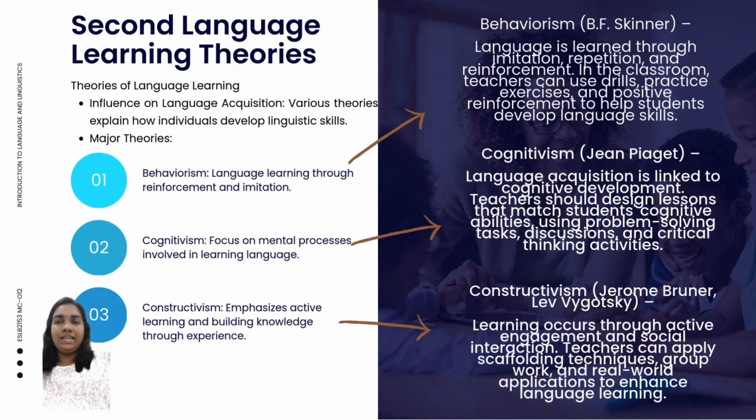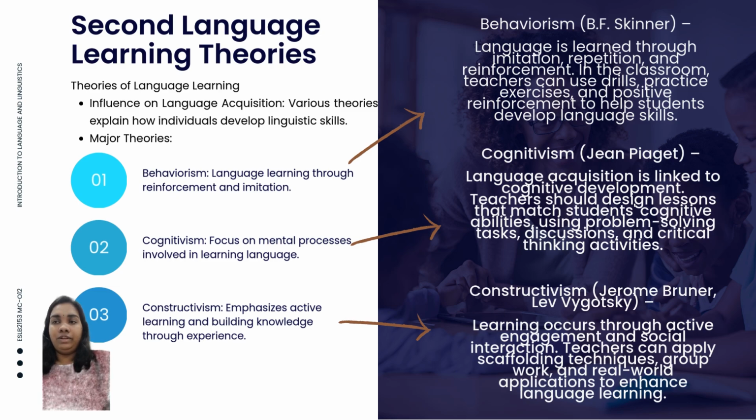Now we see second language learning theories. Language learning is influenced by various theories for the individual development of linguistic skills. The three major theories, behaviorism, cognitivism, and constructivism, provide different perspectives on how learners process and use language.